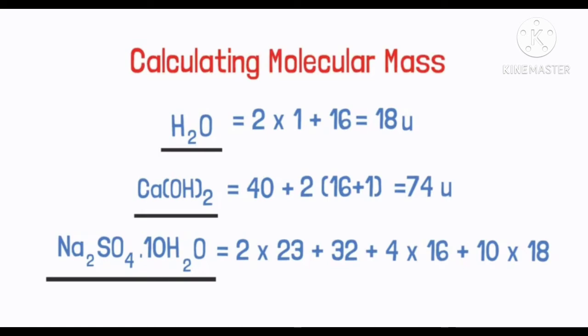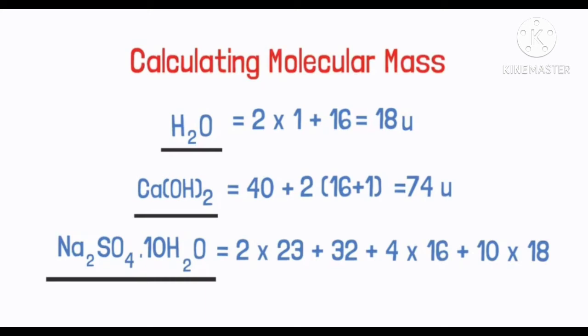So we will multiply as I showed you in the previous video. This 2 is representing oxygen also and hydrogen also, so we multiply 16 and 1 by 2. So the answer will come 74 mu. So hydroxide ion we had 2, that's why we need to multiply it by 2.